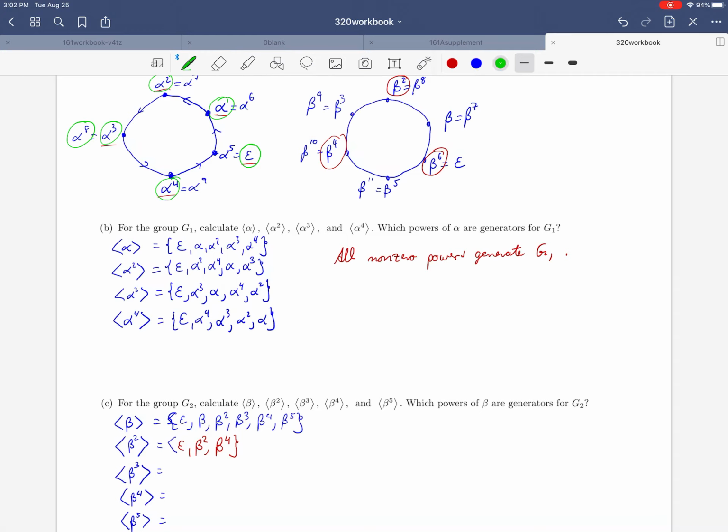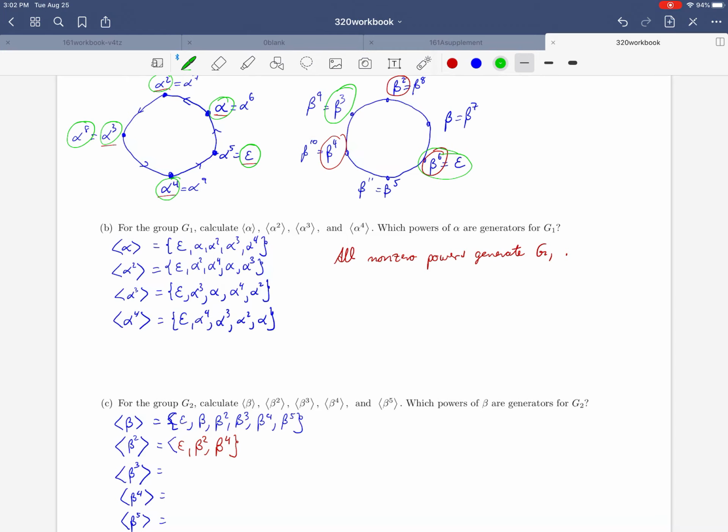What about for beta cubed? What if I start with beta cubed? So I'm starting over here, and now I'm going from beta cubed, I'm squaring it, so beta cubed times beta cubed. That gets me directly to beta to the 6th, which is the identity.